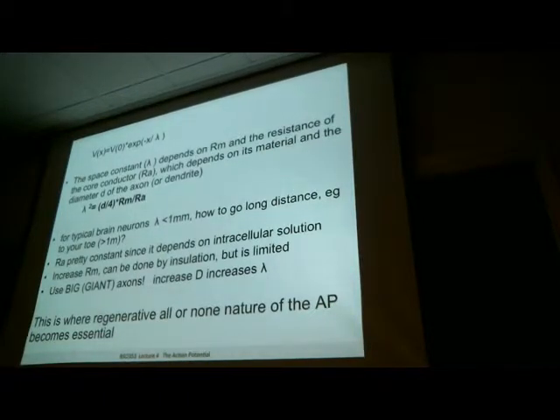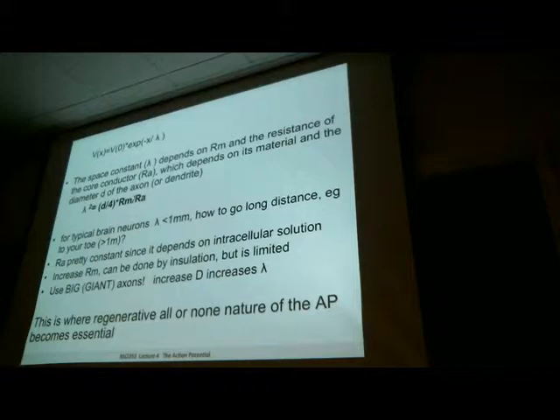So if you have a really fat axon, like that squid giant axon, the ratio of these two really changes. The Ra gets much, much smaller, and the diameter gets much, much bigger, and that makes the space constant bigger.